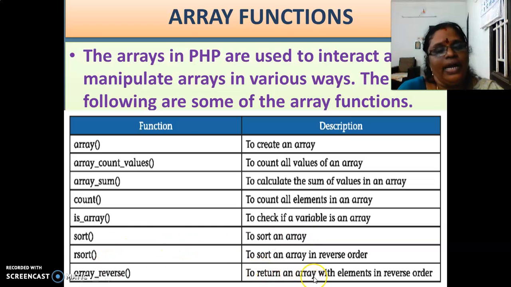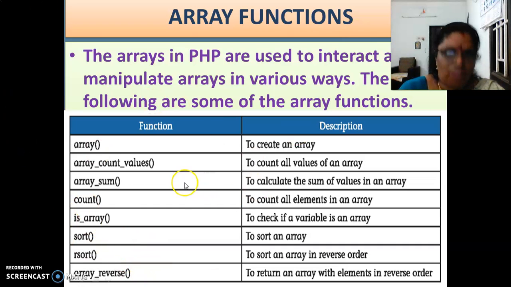So sorting means ascending and descending order. Reverse means just the reverse. If you give 5, 6, 9, it will give 9, 6, 5. Likewise. So to return an array with elements in reverse order, the array reverse function is used.